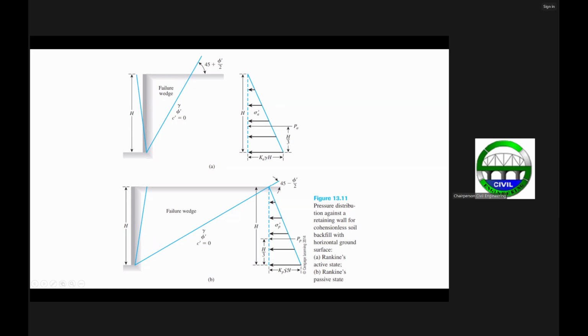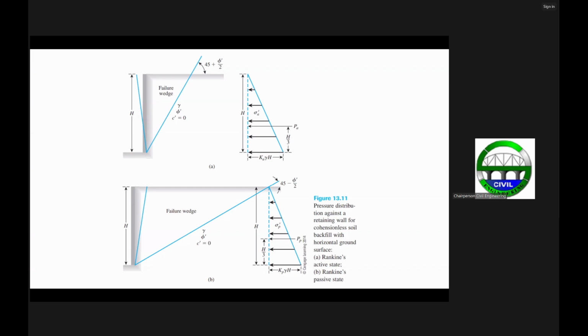This is your sigma sub O prime, because K sub P is equal to sigma sub P over sigma sub O prime. So sigma sub P is then equal to K sub P times sigma sub O prime, which is equal to gamma, the unit weight, times H.